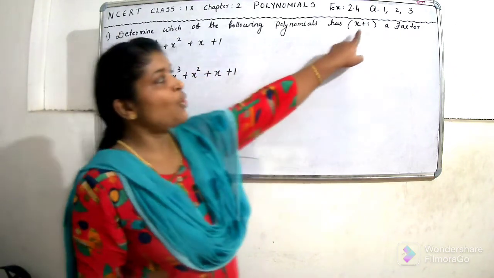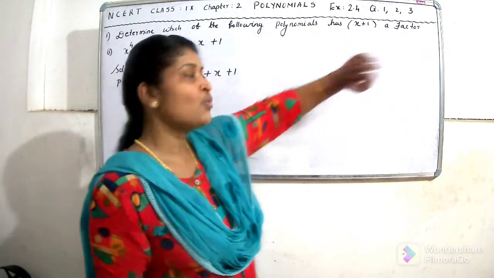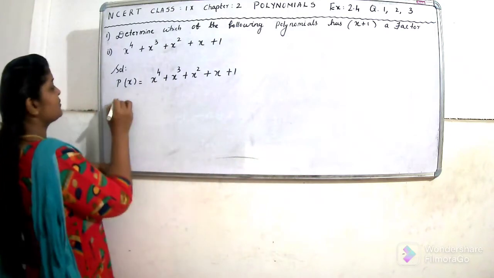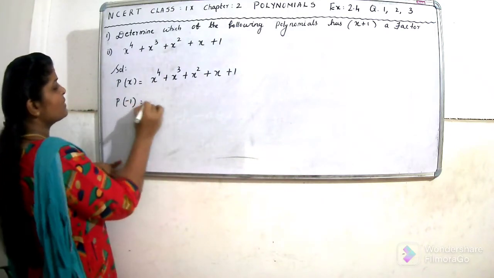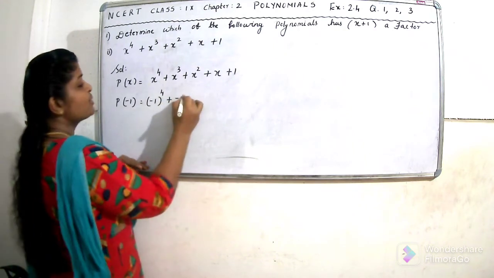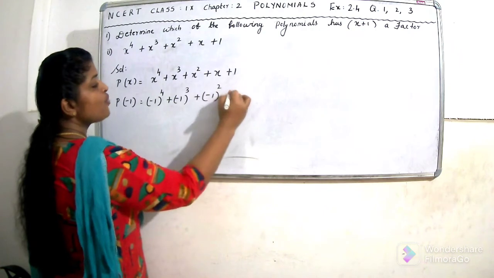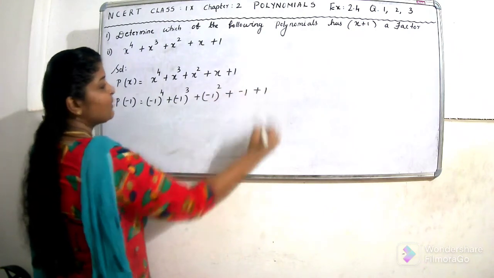Now the zero of this polynomial we already saw in the previous question, that is negative 1. So that negative 1 we have to substitute. P of negative 1 is equal to negative 1 raised to 4 plus negative 1 raised to 3 plus negative 1 raised to 2 plus negative 1 plus 1.